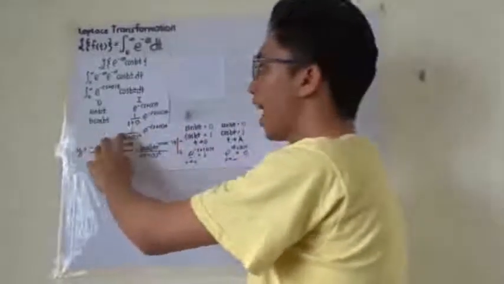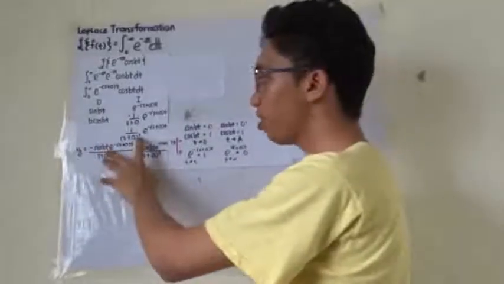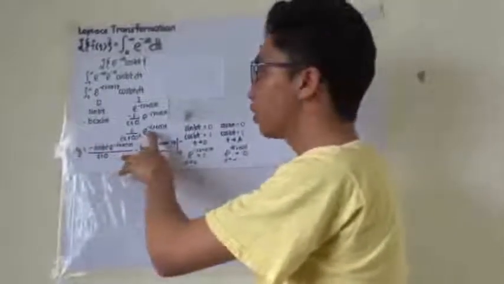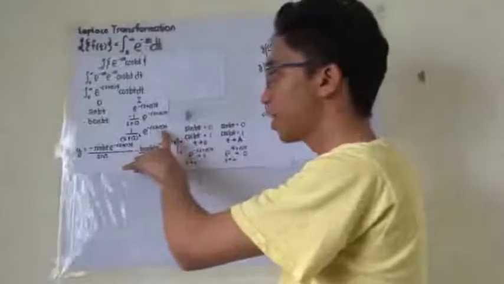Integrating it again, we have 1 over s plus a squared times e raised to negative quantity s plus a times t.